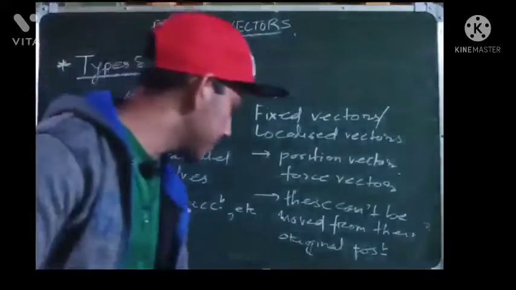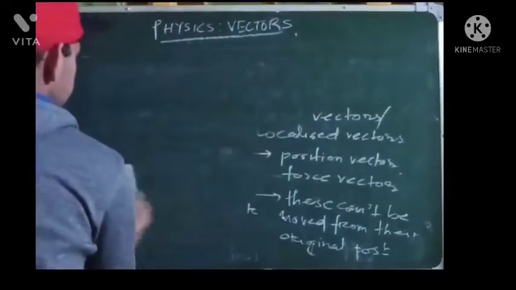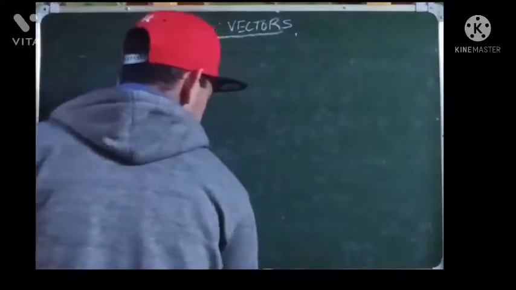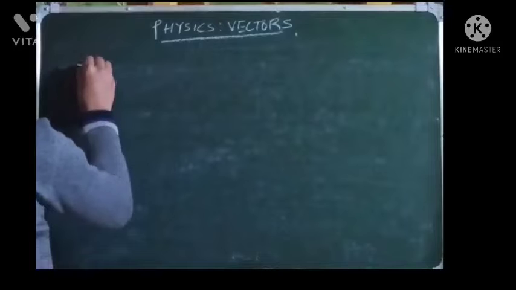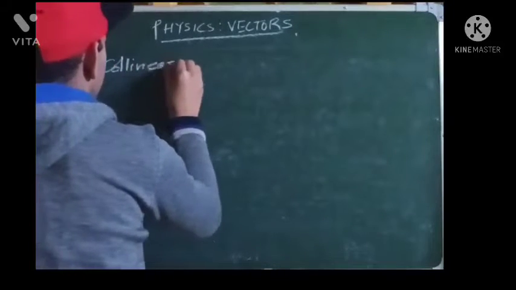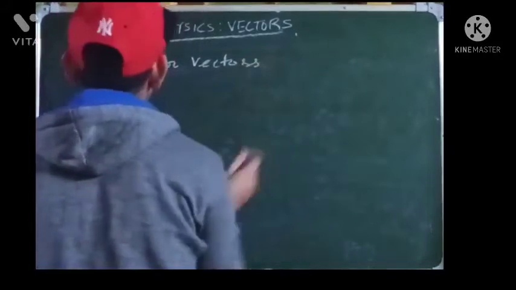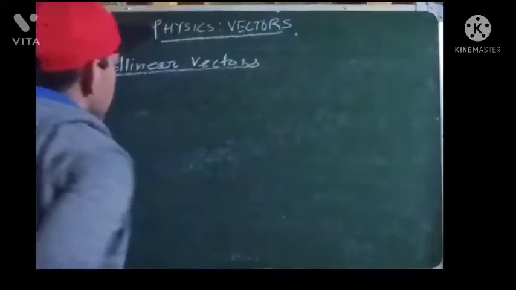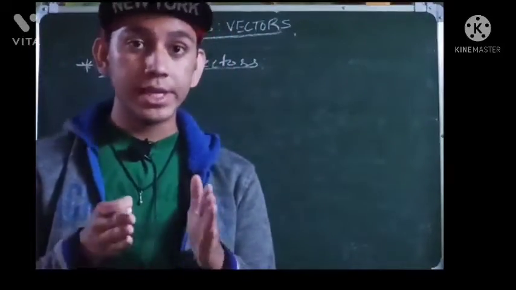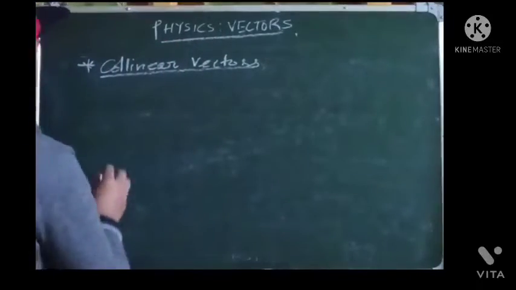Next, we are going to learn about collinear vectors. Two or more than two vectors are said to be collinear if they point in same direction or in opposite direction.